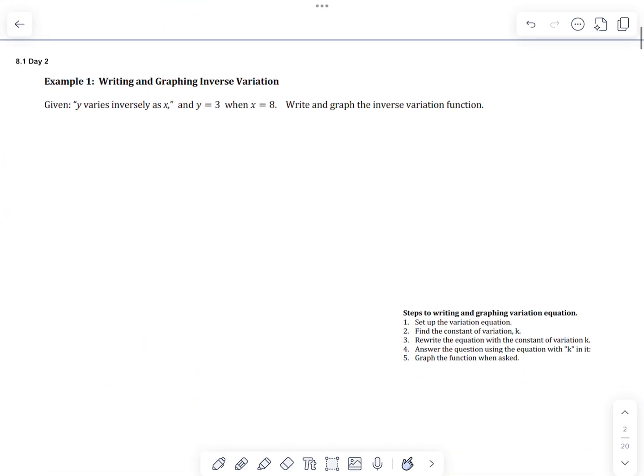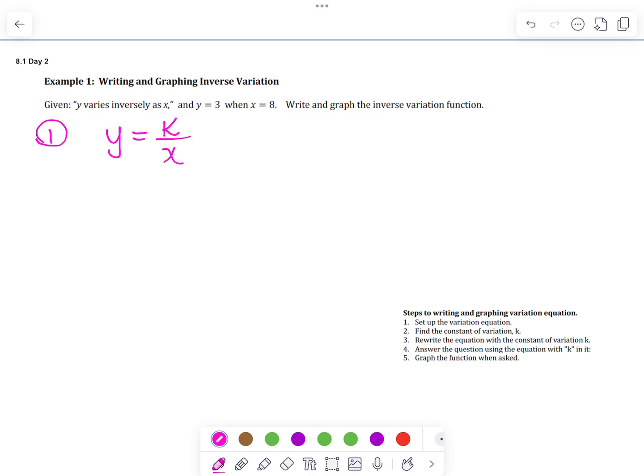Example 1, y varies inversely as x, and we're giving you the value of y and x when you want to come up with the equation. So step 1, we write the equation y equals k over x. Step 2, we substitute the y and the x into the equation.